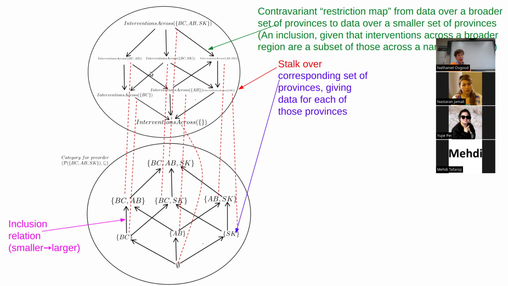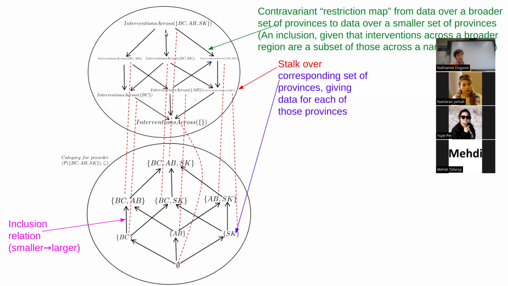Each of these could map over, if we think of these as sets and functions, each of these could map over to one of those. Right? Each of these, this might have some that are not in this, but this is an injective function in that all of these must be in here because they're in the same place for these two. So it must be the case here.